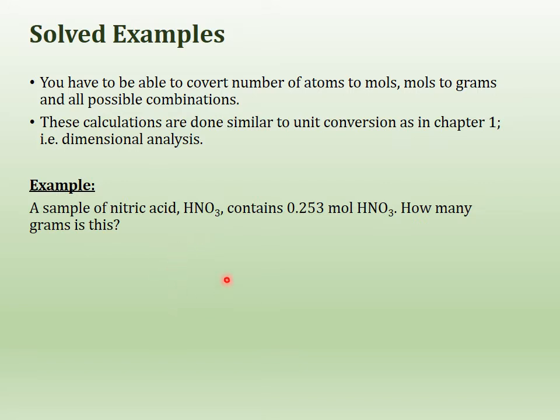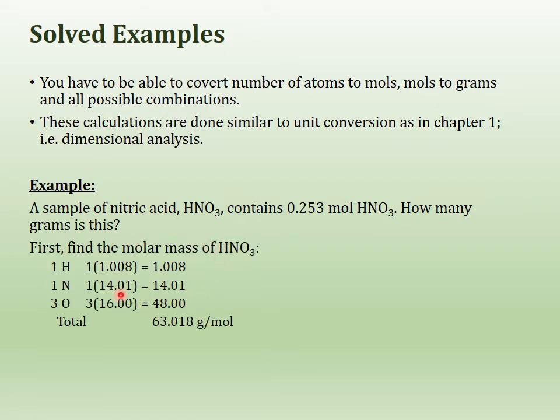So the first thing you'll have to do pretty much for every problem is to figure out the weight of it, which means that you calculate how many hydrogens and how many nitrogens, how many oxygens, you find out the mass of all of this. You add it all together and you find the weight. Because this is grams per mole, you're supposed to convert moles into grams. So again, this is just a conversion factor, which means what you do is dimensional analysis.